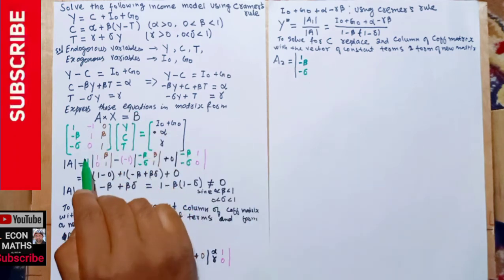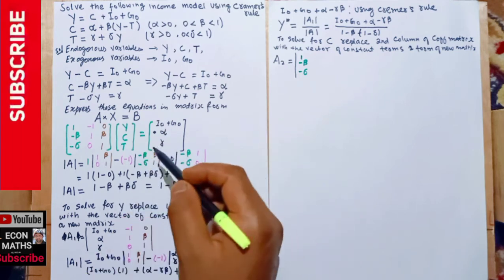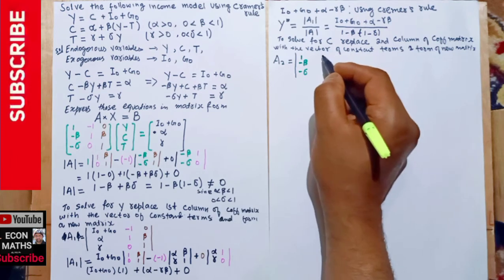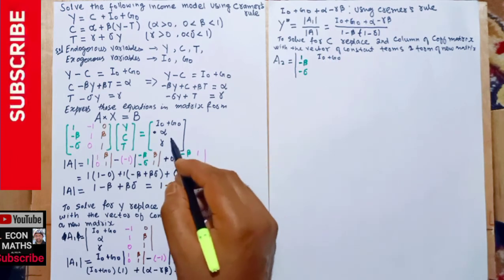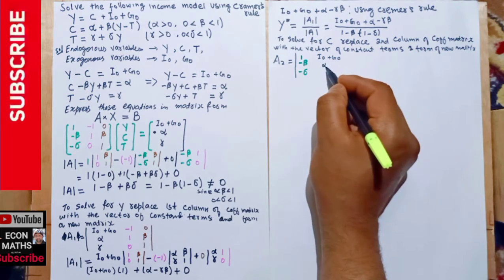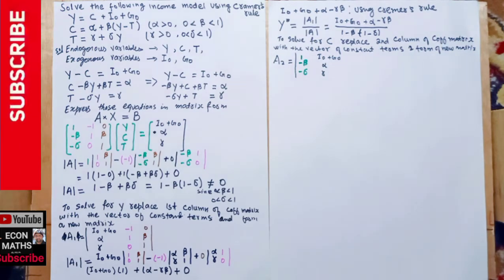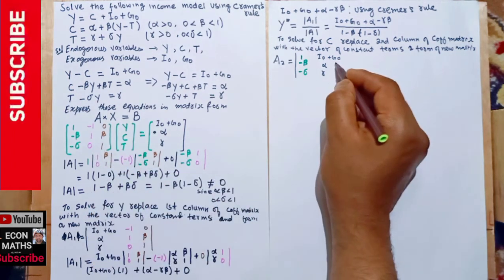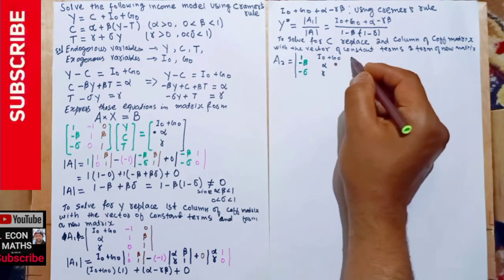Now we have to replace this by the column of constant terms, that is I0 plus G0, alpha and gamma. Similarly, our third column will be the same, that is 0, beta and 1.